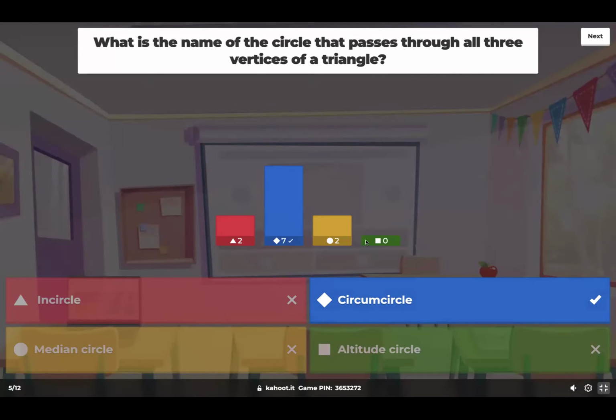Yes, it is the circumcenter that passes around the three vertices of our triangle.